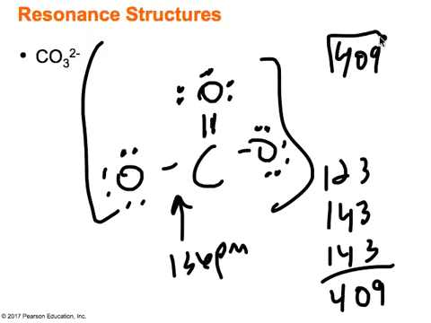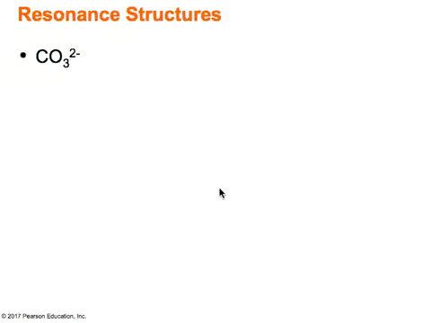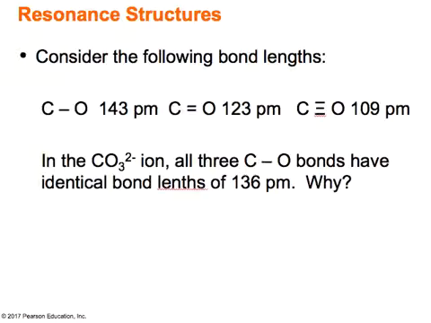Really, I probably should have done that before. So here's a 1, there's a 3, that's a 1, that's a 0, there's a 3, there's a 9, 19, and sure enough, it's about 136. So averaging the two singles and a double gives me the length of all of them at 136. Sometimes I just am not as prepared as I thought I was.